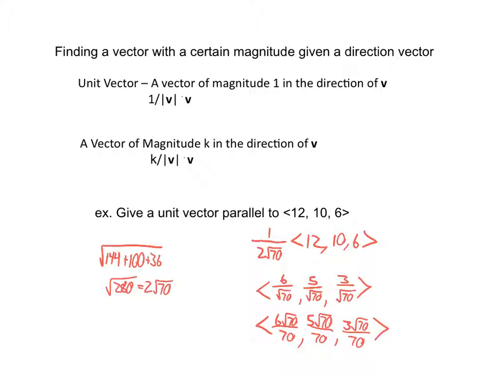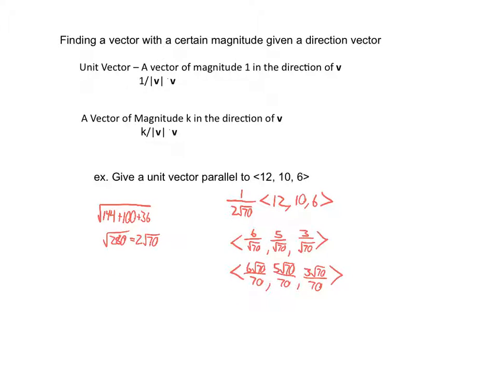And some of those, well, the first one would reduce. 6 over 70 would be 3 over 35. So we could make that a 3 over 35. And then that would be the unit vector in the same direction or parallel to 12, 10, 6.